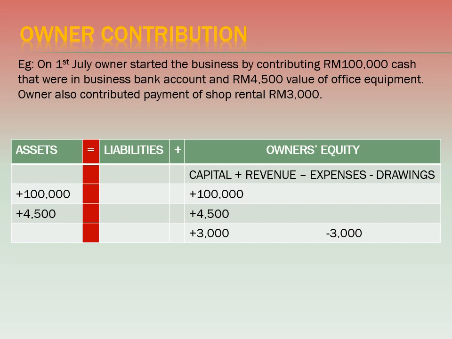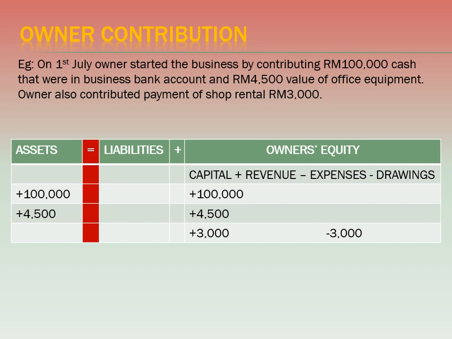Again, office equipment is an asset, so that is plus 4,500 ringgit in the asset column, and 4,500 ringgit increase in capital. And the owner made the payment for shop rental. Shop rental is actually an expense, but we recognize an increase of capital because the owner used his own money.